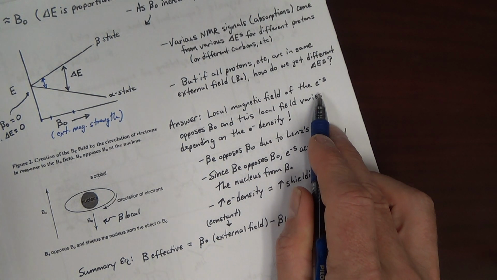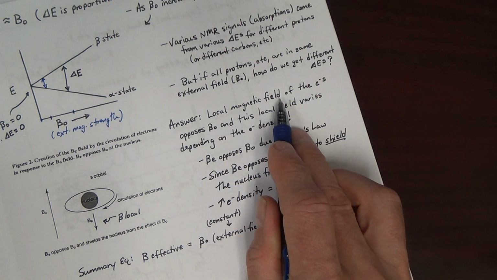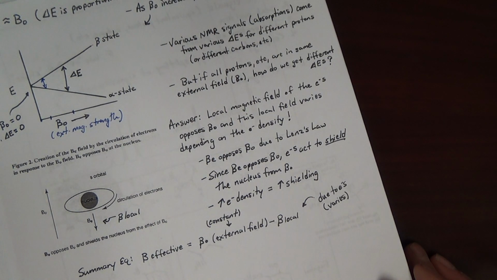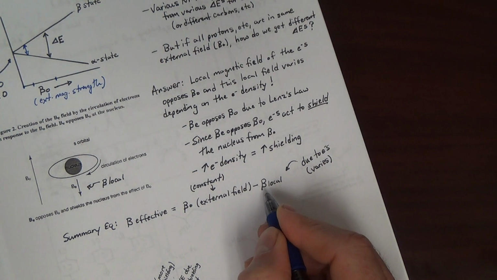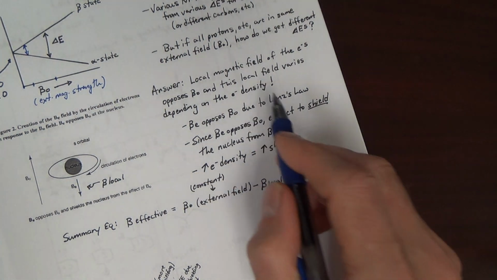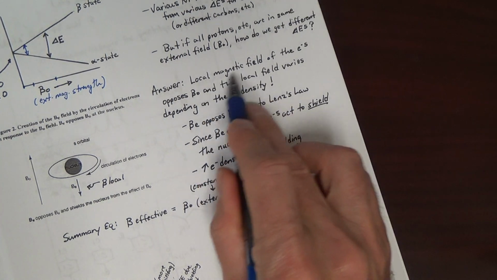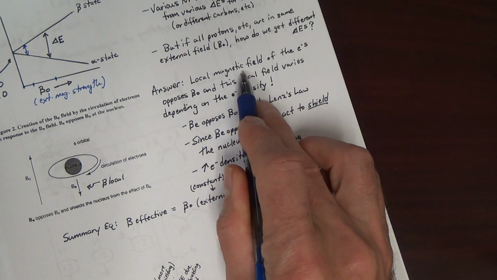The proton is bonded to maybe a carbon. There are electrons in that bond. Those electrons create a local magnetic field which we have to add to the external field. Well, actually we subtract it because of Lenz's law. The local magnetic field is generated because of the magnet.